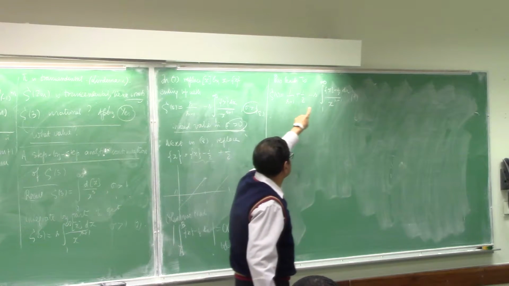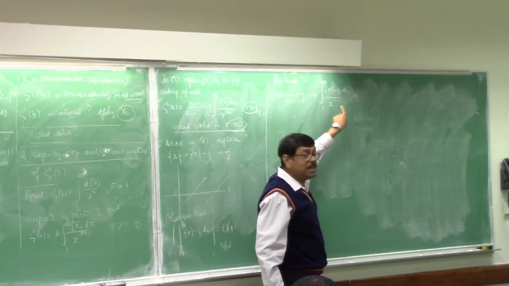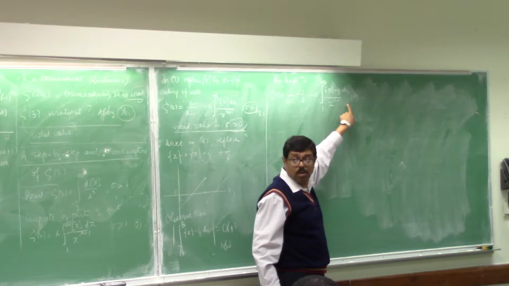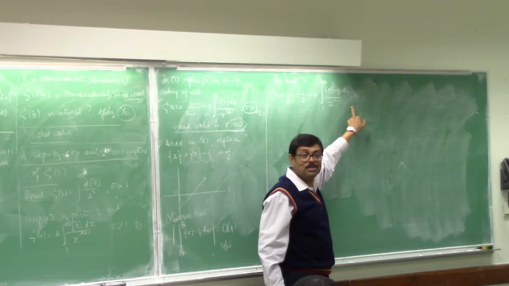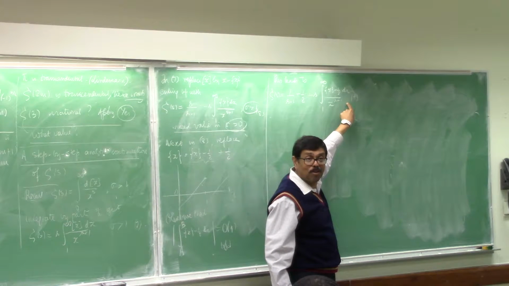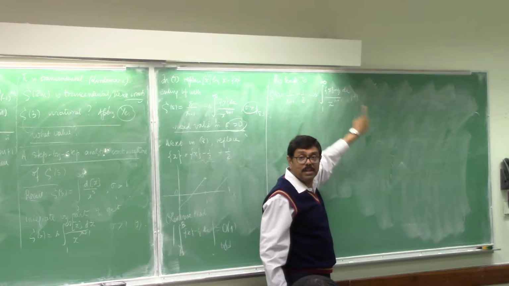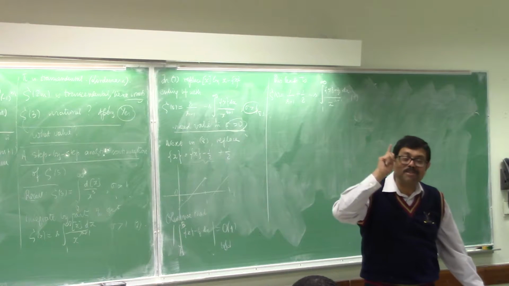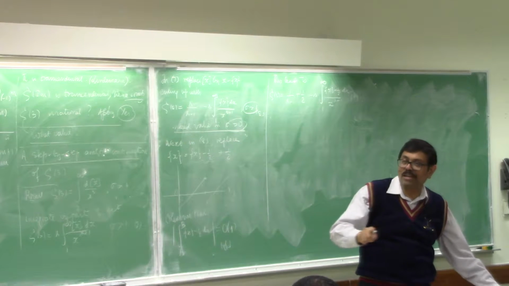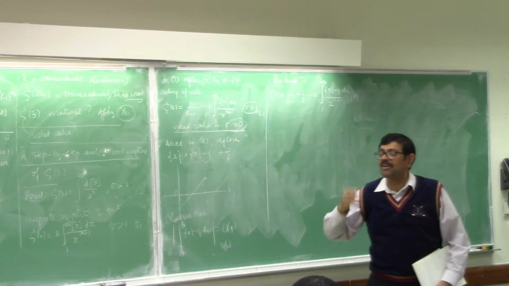The integral of this is bounded. So all I need to know is 1 over this goes to 0. Then this will be convergent. But 1 over this will go to 0 as long as this is a positive power of x. Which means sigma greater than minus 1.